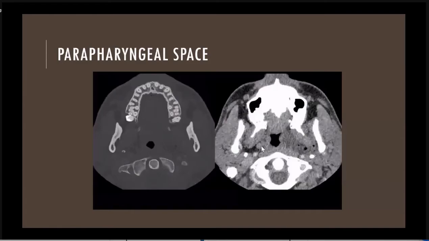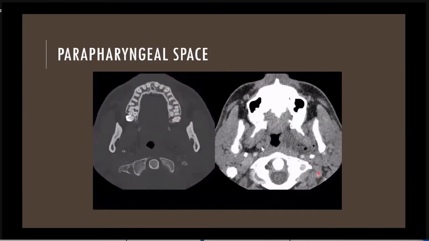Infection in the parapharyngeal space is typically related to infections arising from other compartments. We do not get infections that arise primarily from the parapharyngeal space. Typically, infection from the palatine tonsil that has spread to the parapharyngeal space, or infection from sinusitis or mastoiditis.